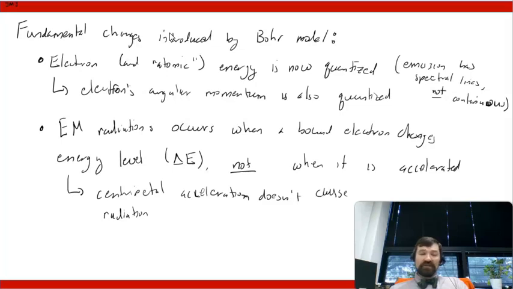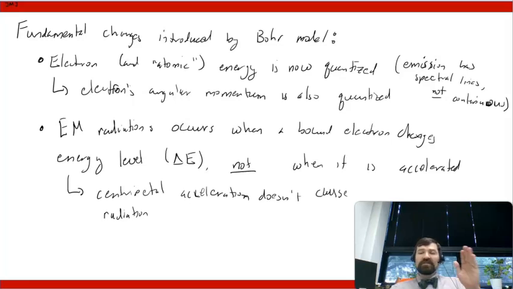So it's not accelerating the charge that causes the radiation, it's changing the charge's energy. And these two things together kind of predict that your atomic emission should have individual lines in the spectra, not a continuous source of radiation.